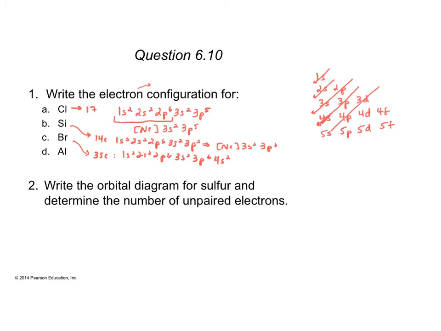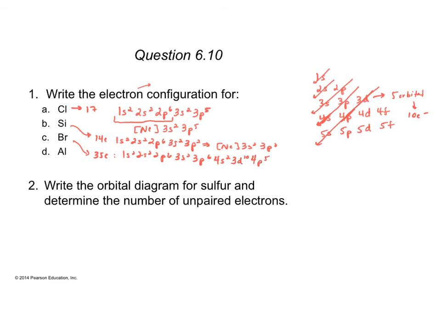Now this is where we had just filled 4s. Now we're going to move into the 3d's, okay? And so remember that d subshells have 5 orbitals each, okay? And so that means if 2 electrons go into each orbital, then 10 electrons will go into that 3d subshell, okay? So 4s2, then we move to 3d10, and then for bromine, after 3d10, we'll move into 4p, and then there's 5 electrons that go there, okay?